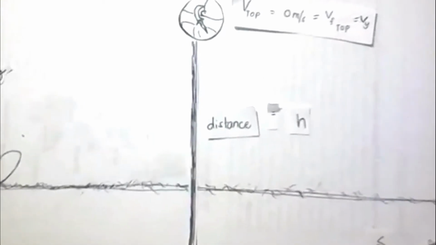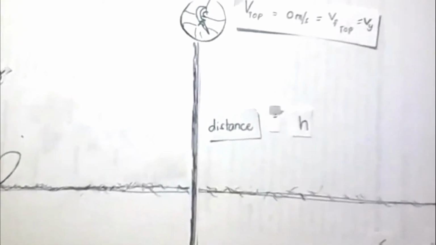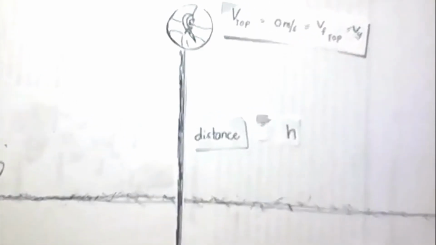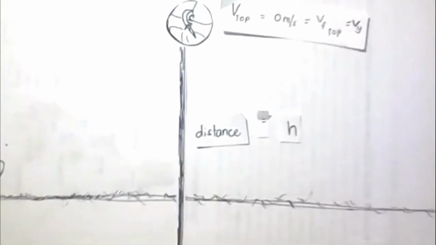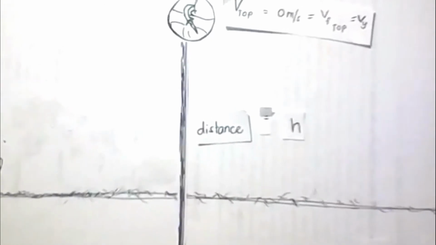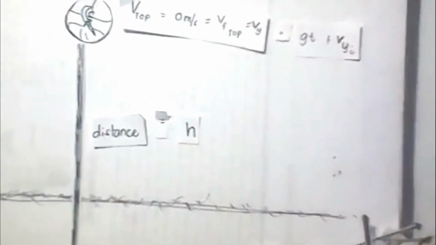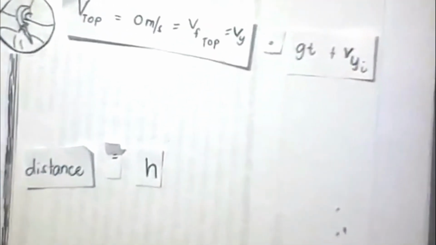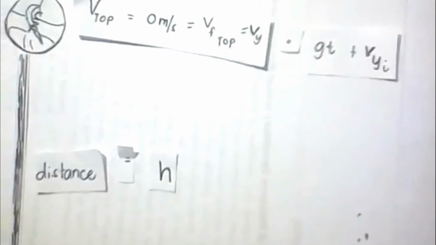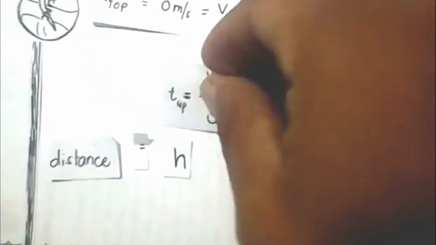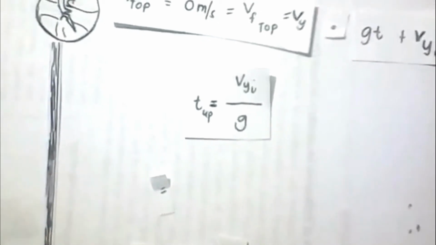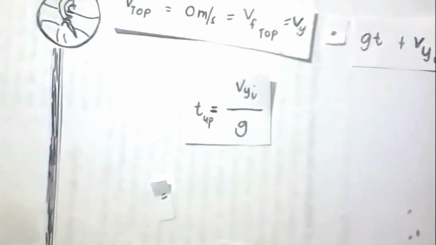So how long will it take for the ball to reach that position? You are asked to find the time. Because the final velocity of the ball is given by the formula Vy minus g t, we can manipulate this formula to come up with the time to get up, which is equivalent to Vyi, the initial velocity along the y-axis, divided by g.